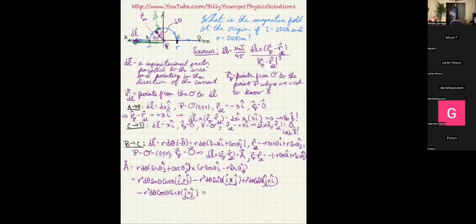Okay. So has anybody figured out what I hat cross I hat is? Remember, the magnitude of a cross product is the magnitude of the first vector times the magnitude of the second vector times the sine of the angle between them. So what's the angle between I hat and I hat?